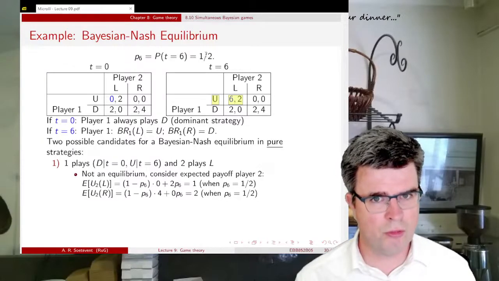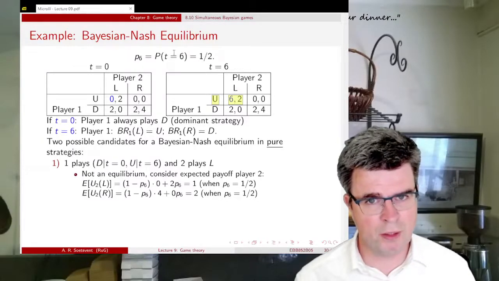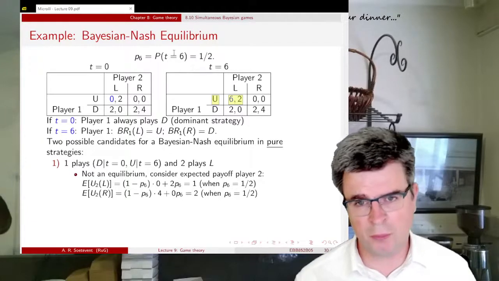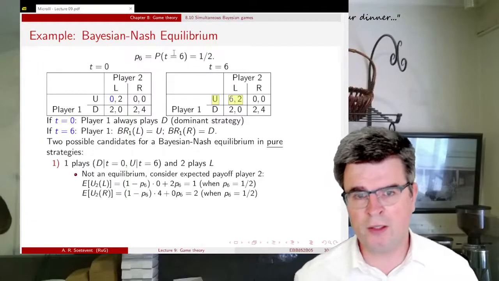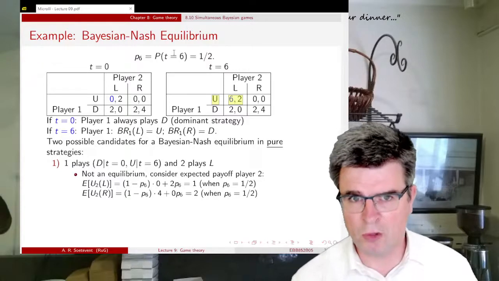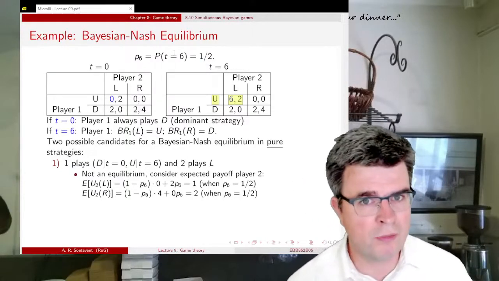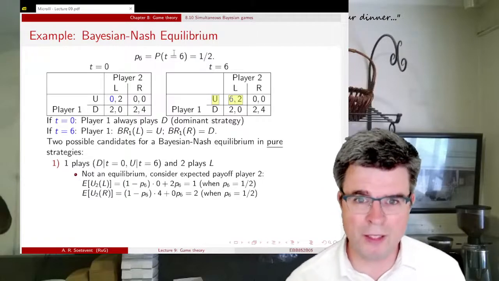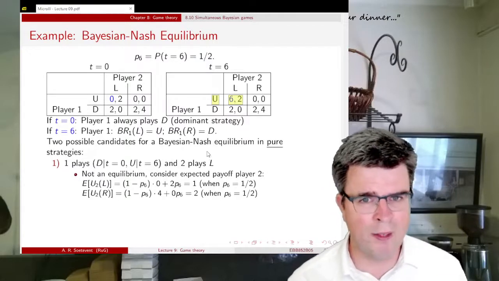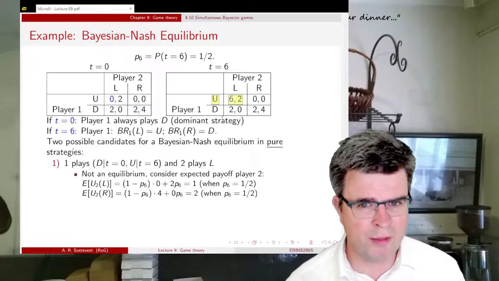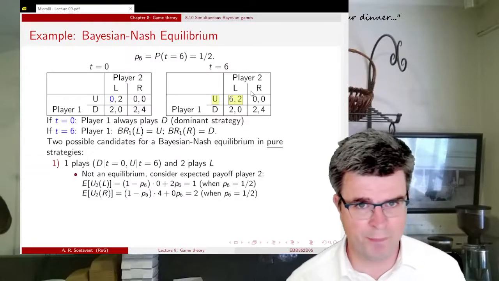So could player 2 do any better? So is this really a Nash equilibrium strategy of player 2, or can he benefit by unilaterally deviating? Now, he has only 2 actions, so if he doesn't play L, the only way that he can deviate is to play right.